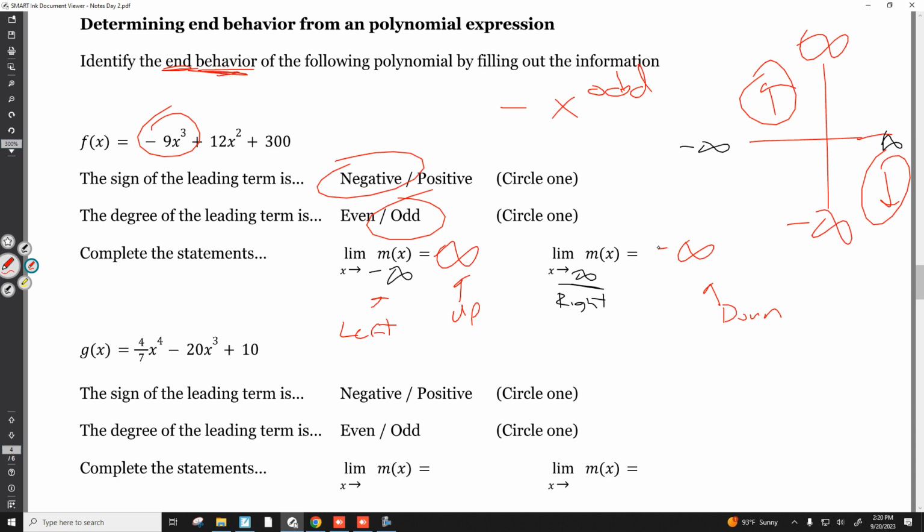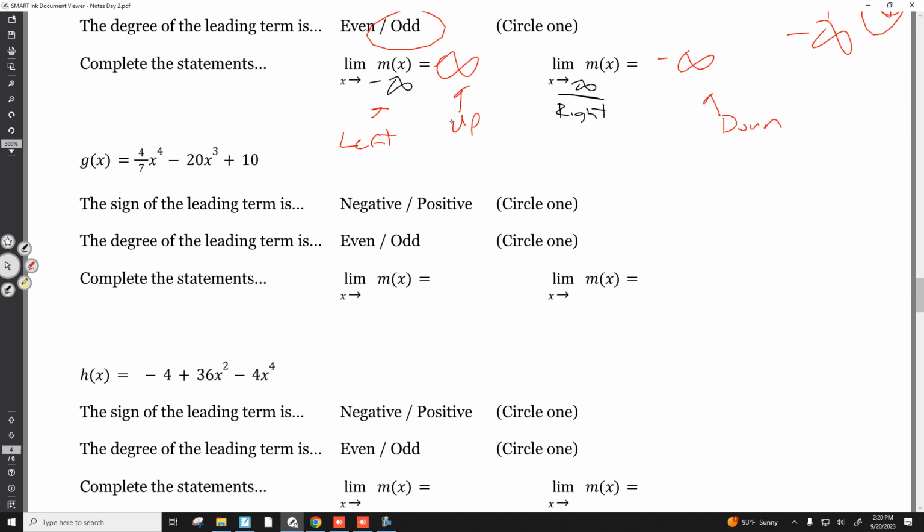Do the next one and the last one. Do the third one too.